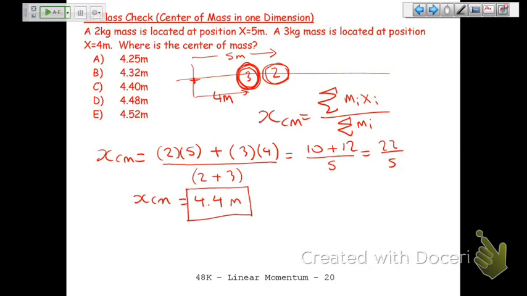I can decide to put my starting point wherever I like. So I just started at the origin because that's the information I was given, and I've got the distance from the origin. So this is x equals 4.4 meters relative to origin.